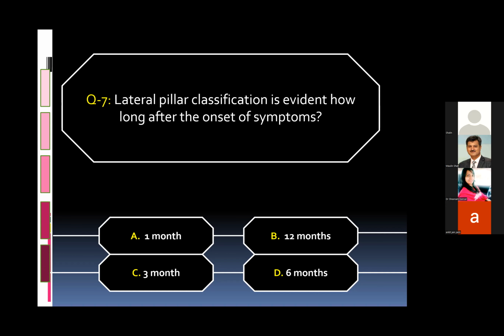So stage 1 lasts for I think 6 or 9 months. So in a nutshell, when the disease reaches stage 1B, the lateral pillar will get affected, right? Okay, go ahead.